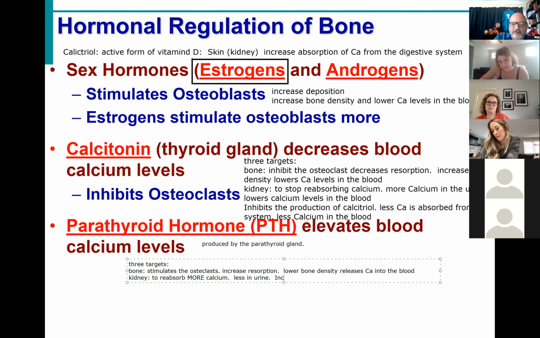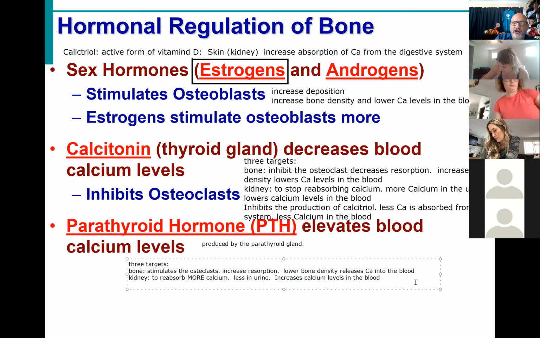So let's say it this way. We reabsorb more calcium, so that increases calcium levels in the blood. And not surprisingly, the third effect is that it stimulates production of calcitriol.